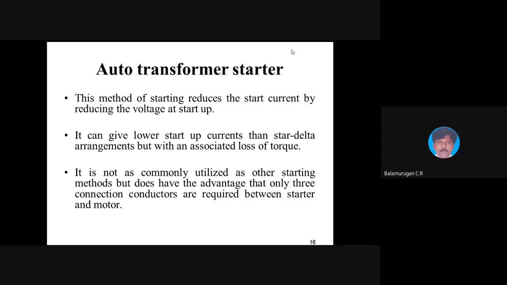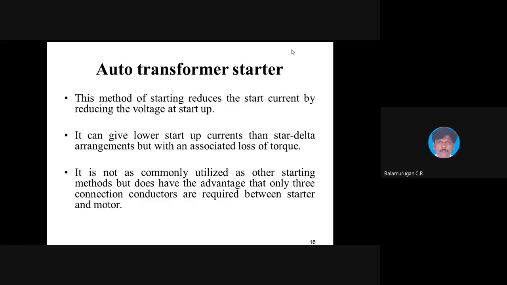We also have a high power factor during starting condition. These are some of the advantages: the cost of the starter will be very less, we have a high power factor during starting, and it is preferred for machines greater than 5 HP.